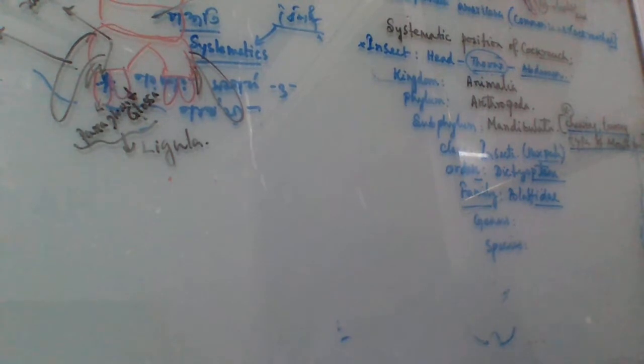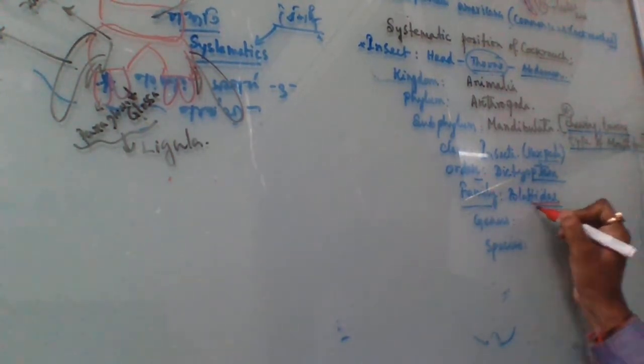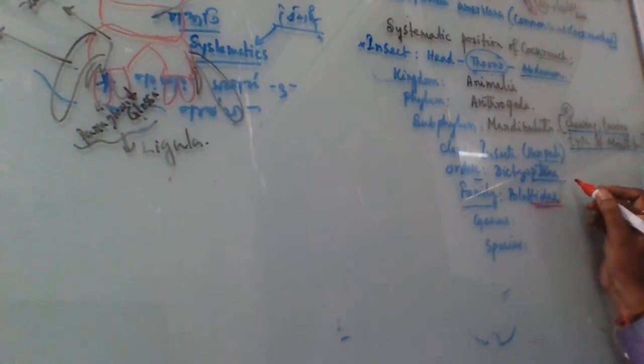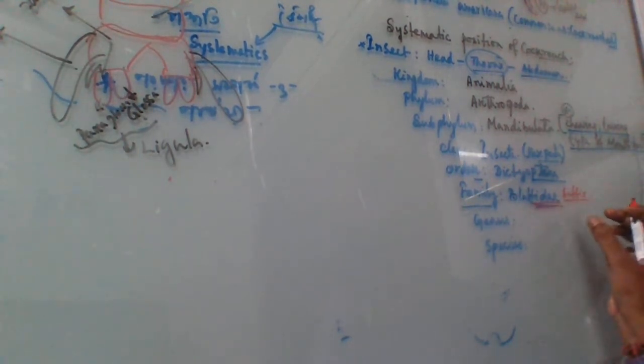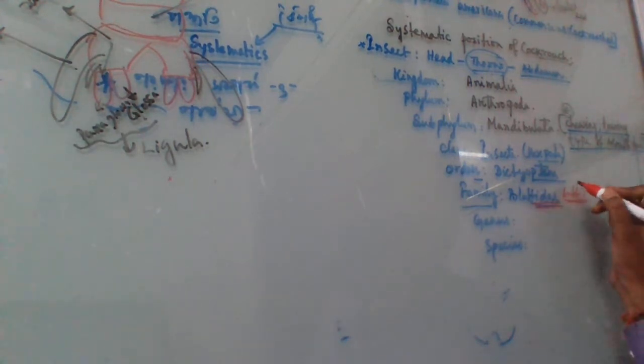Here it is worthy to mention that IDAE is a suffix we use in binomial nomenclature in the chapter systematics. IDAE is specifically used to denote the family.